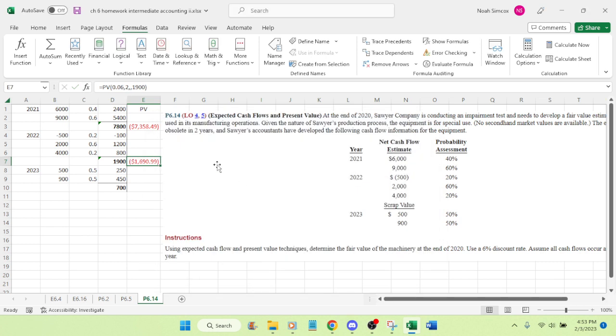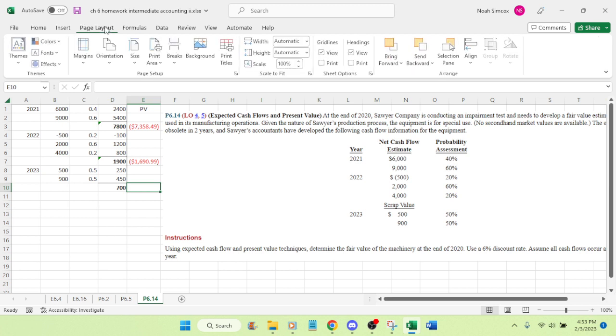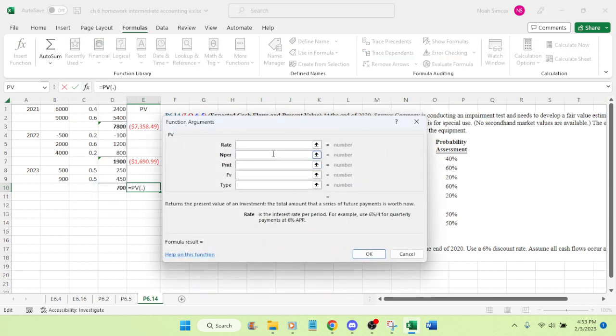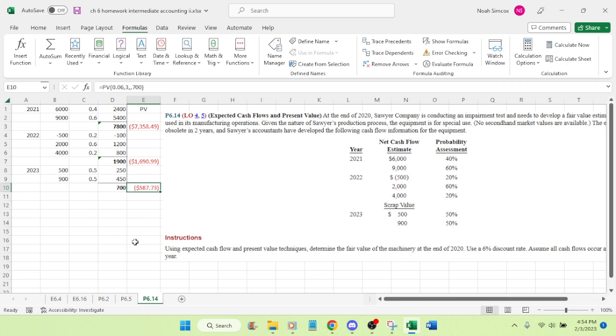So we have that, and then three, and value 700, and then we have a sum.